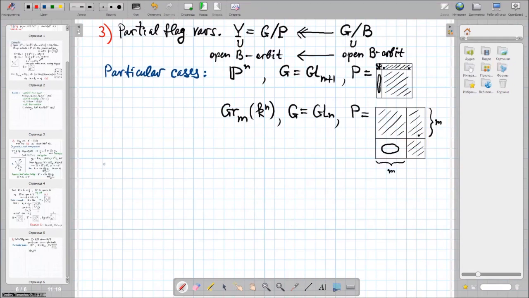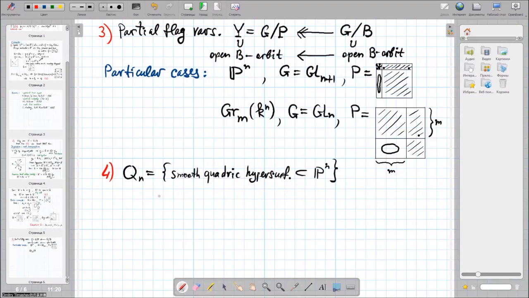Yet another example, example 4, is the variety of smooth quadrics in a projective space. Let me denote this variety as Q_n, the variety of smooth quadric hypersurfaces in an n-dimensional projective space.